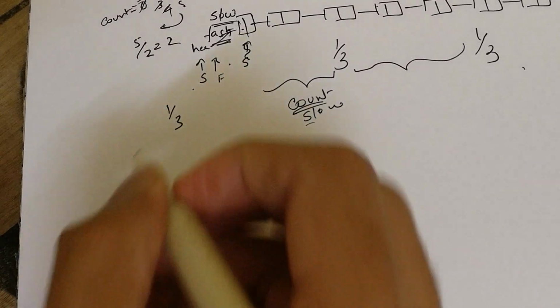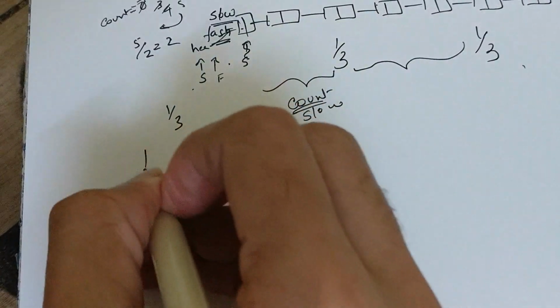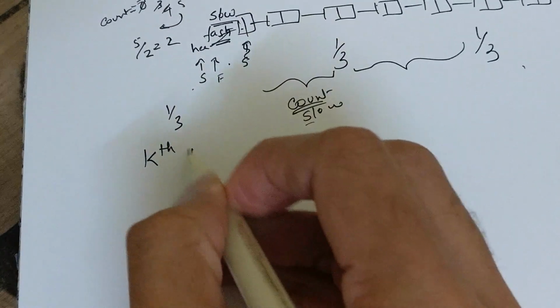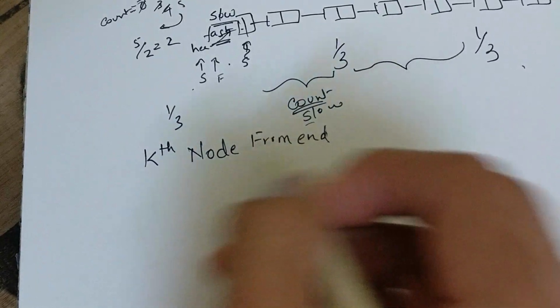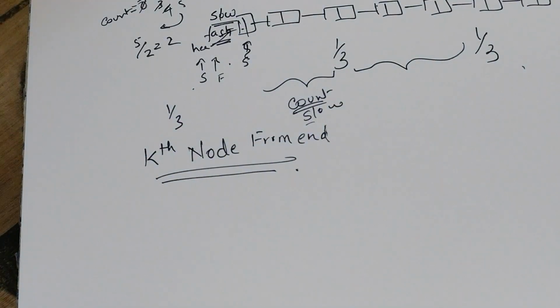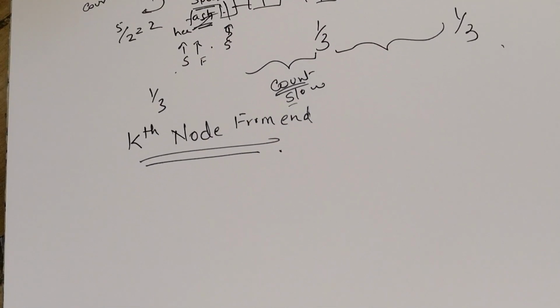Next is finding the kth node from the end. This is another question that is commonly asked.